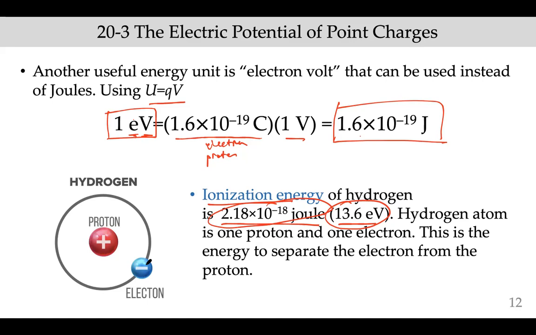If you want to break this electron off of this proton, there's an attraction between them. If you break it off, then the energy that you need to provide is this much. If you provide this much energy to the hydrogen, then you can take apart its electron.